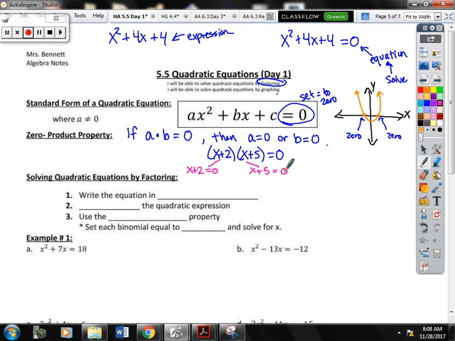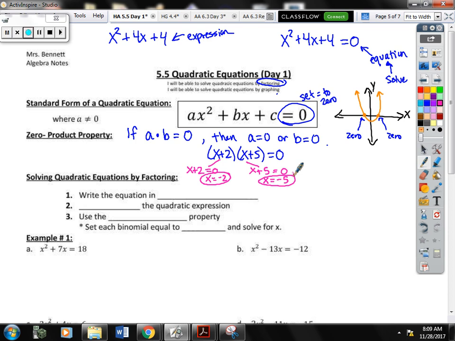And then you'll solve each one separately using inverse operations. So subtracting 2 on both sides, one of the answers would be -2. Subtracting 5 on both sides, the other answer would be x equals -5. So today, our final answer is not going to be this. Our final answer will be two solutions, x equals something.